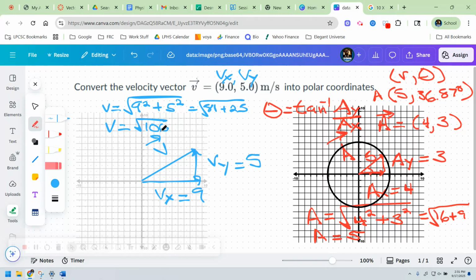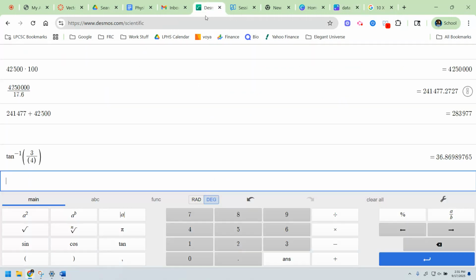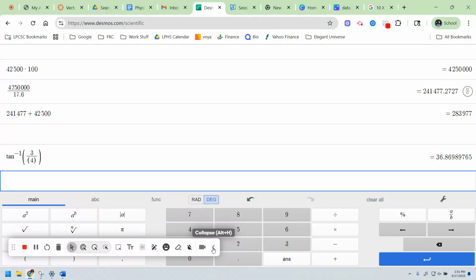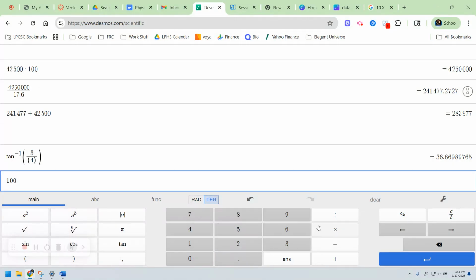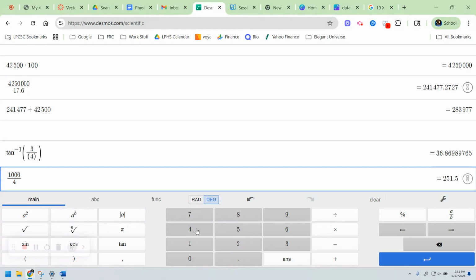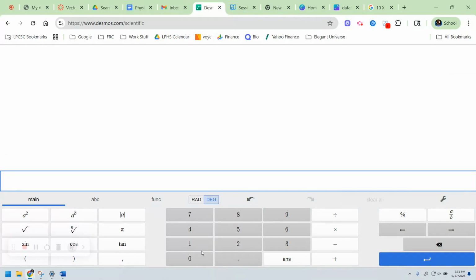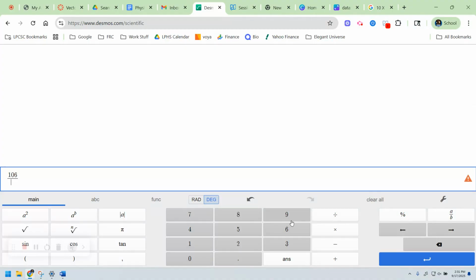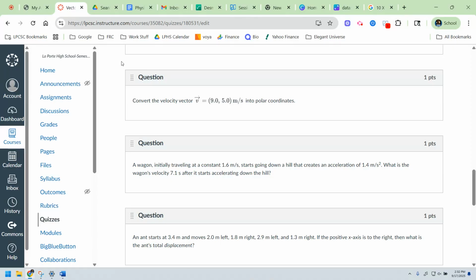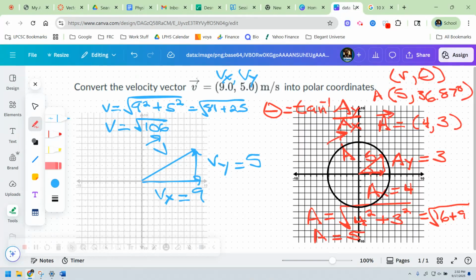That's how we do it in upper level math. Can we pull out a 4? Well, maybe we'll simplify it. Is 106 divisible by 4? No. I don't think it's reducible. So that would be the square root of 106.